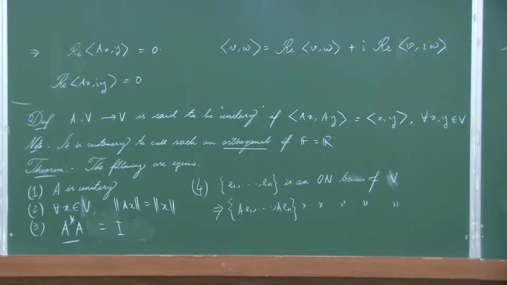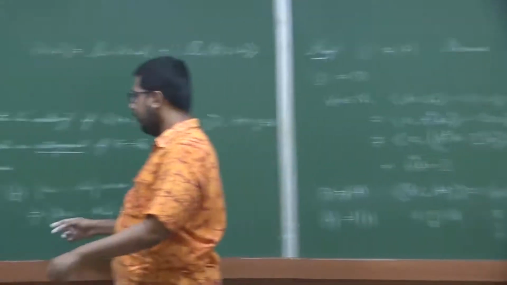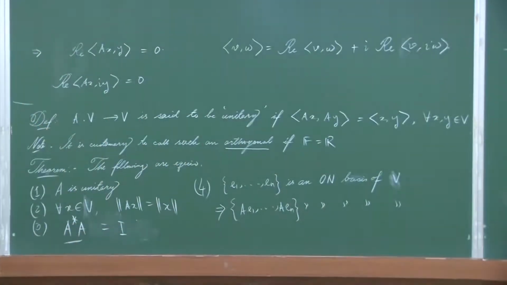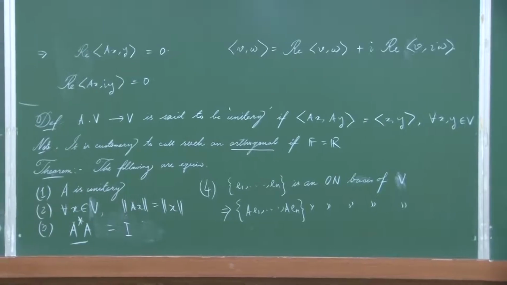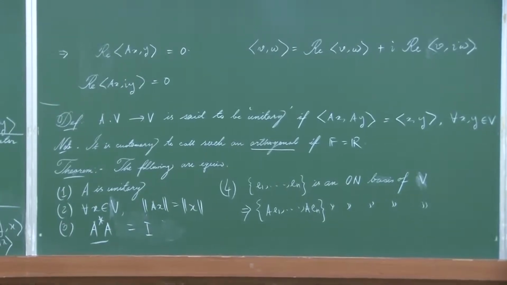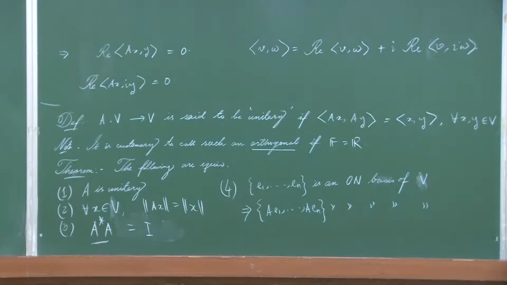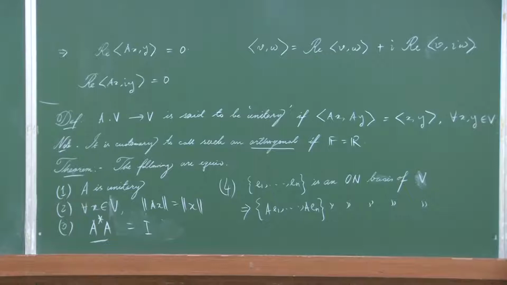Okay. Now, if we want to get the other part, that A A star is identity, how can we get that? Let us see whether it follows once we have this equivalence. Oh, actually it follows immediately. I am telling you why. That is in fact from a much more general consideration, nothing to do with orthogonal or adjoint.